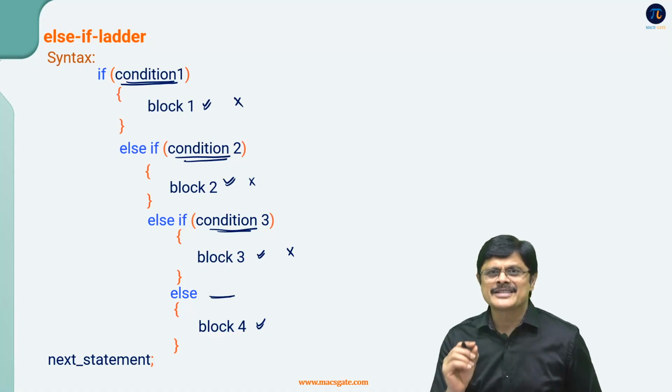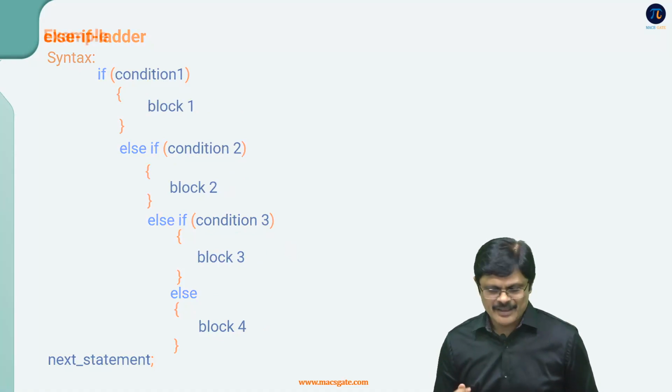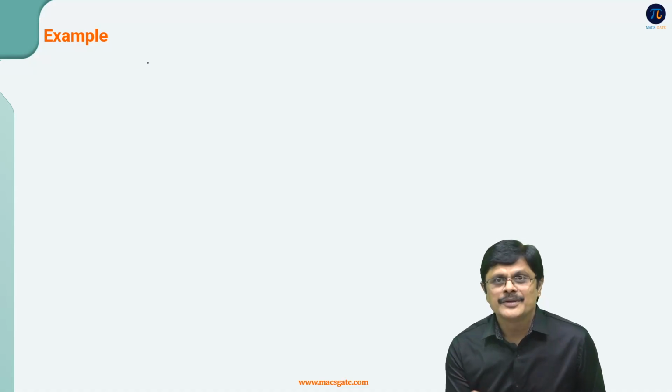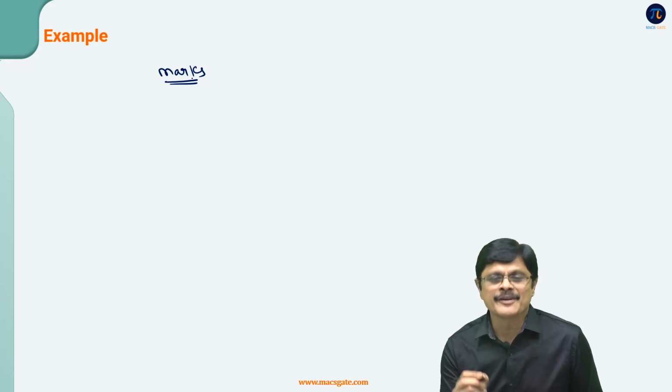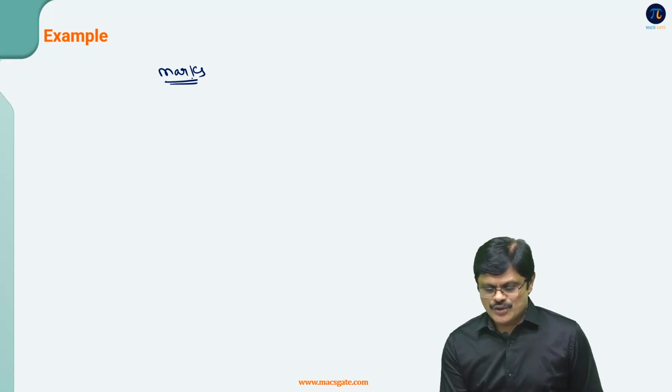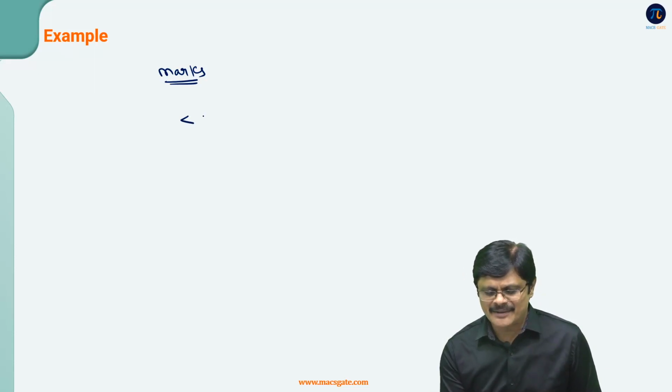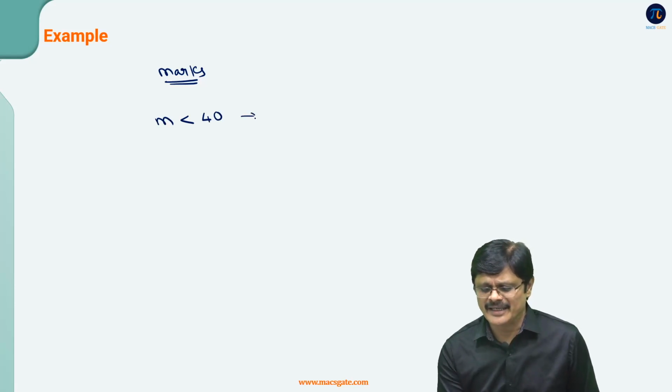Let us consider one simple example for understanding else if ladder. Suppose we want to categorize marks of a student. So the student who gets less than 40 marks has failed.